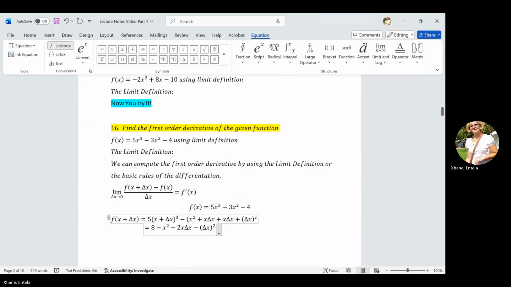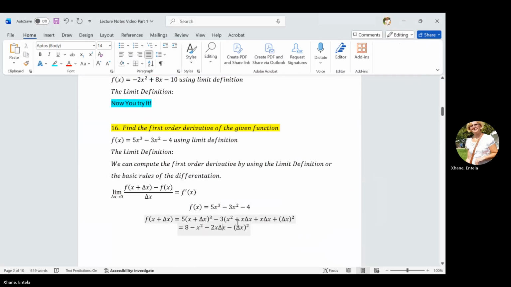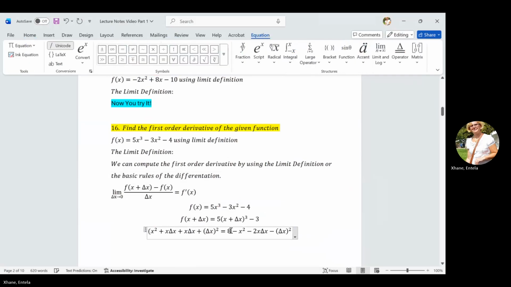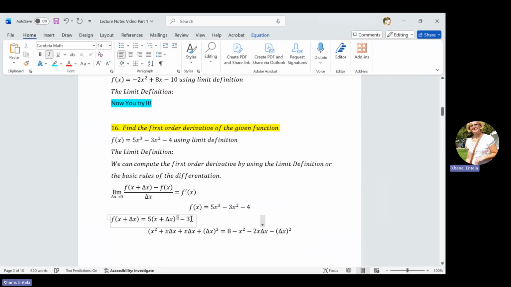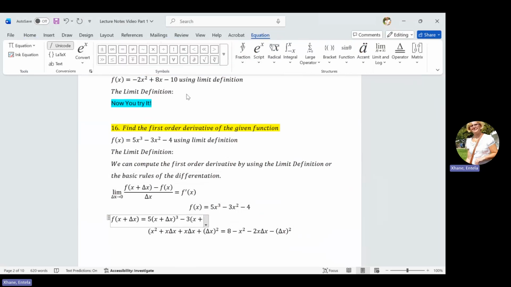Minus 3. Minus 3, so I'm reading f of x. Where I see x, I substitute x by x plus delta x. So here's the other one. So this one is to the second. And then ends with a minus 4.